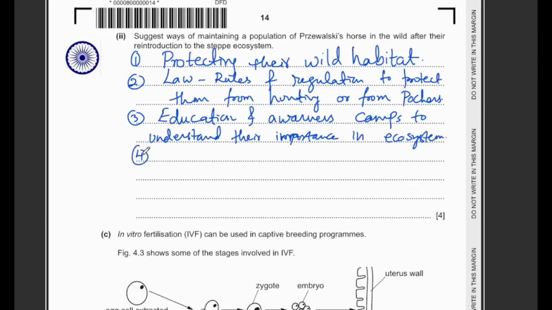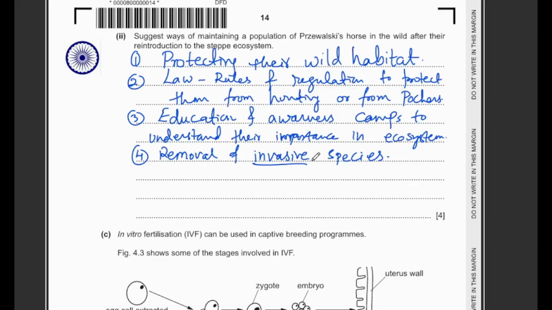And fourth and very important one is removal of invasive species, because they are susceptible to disease. So the removal of invasive species which can cause disease to them, because they are more susceptible.